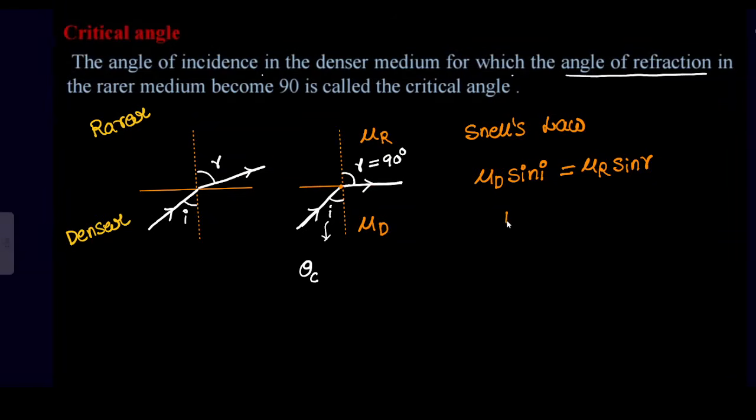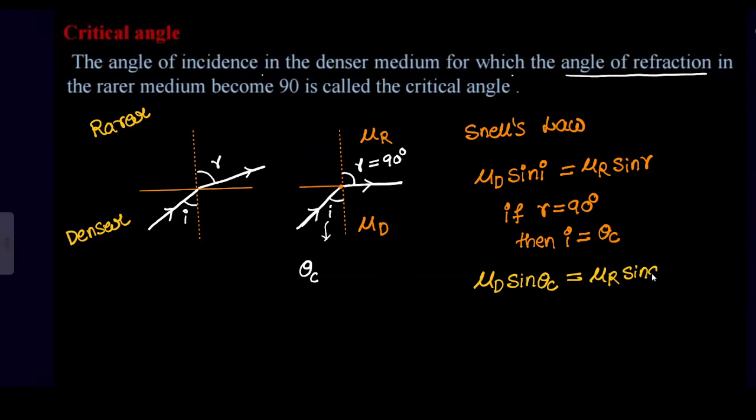So here, if the angle of refraction is 90 degrees, then the angle of incidence is theta c. Now we'll put these two conditions in the above relation. This is mu d into sine theta c, which is equal to mu r into sine 90.